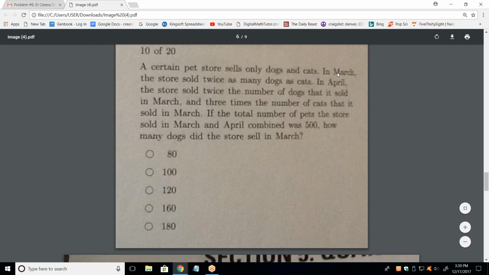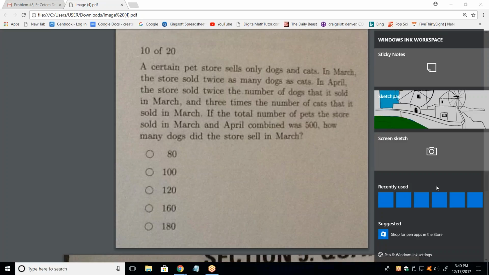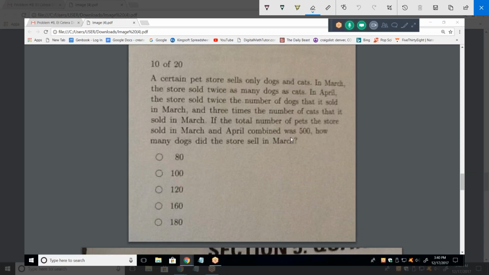Because everything's based on March, the beginning, and they ask how many dogs did the store sell in March. Now, if this said April, that'll make all the difference in the world. And here's why. If their question said how many dogs did they sell in April, well, now you can't start at the beginning with this number.